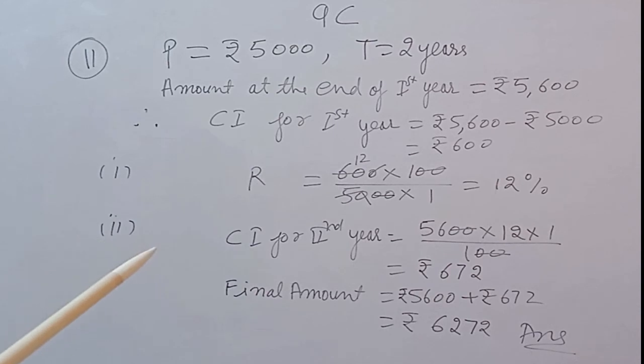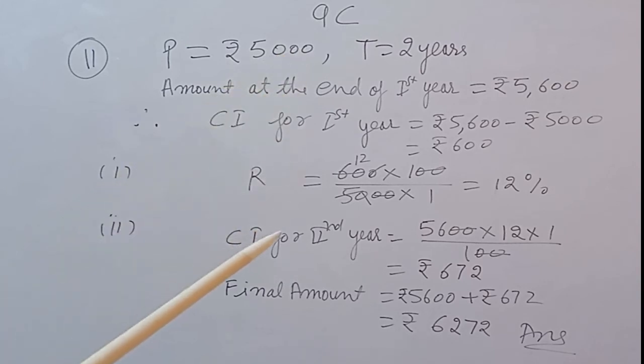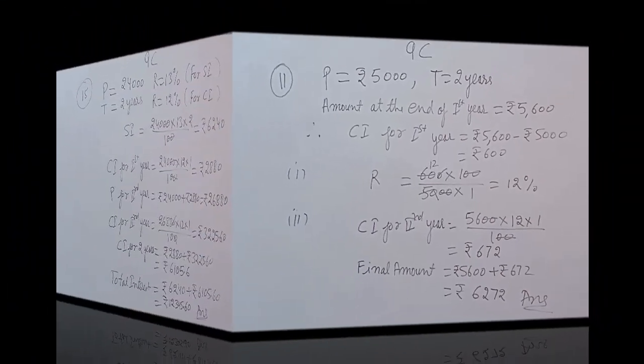The principal of the second year is the amount at the end of the first year, that is rupees 5,600 into 12, the rate of interest I just got, into 1 upon 100. So 672. Final amount equal to 5,600 plus rupees 672, that is rupees 6,272. So in that manner you can do question number 11.